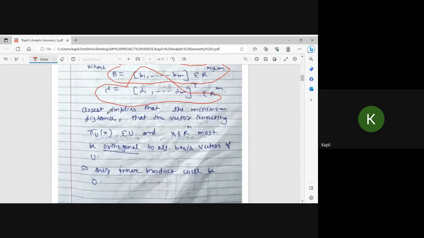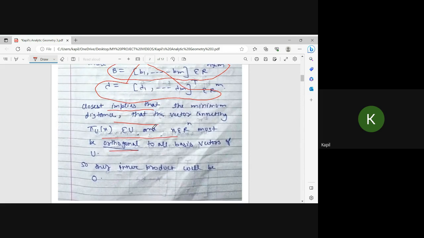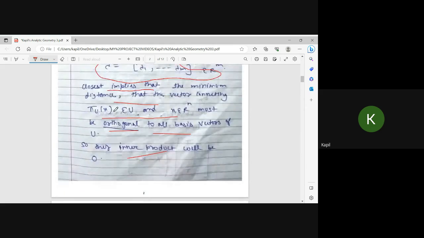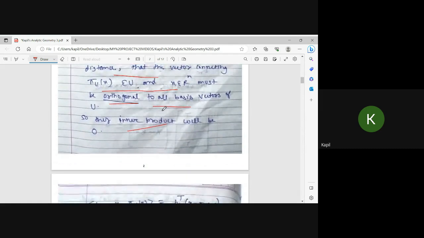So closest implies the minimum distance, that the vector connecting pi_U(x) and x must be orthogonal, that means it should be the perpendicular distance. So we can say that it is the minimum one. If pi_U(x) and x must be orthogonal, then their inner product should be 0.